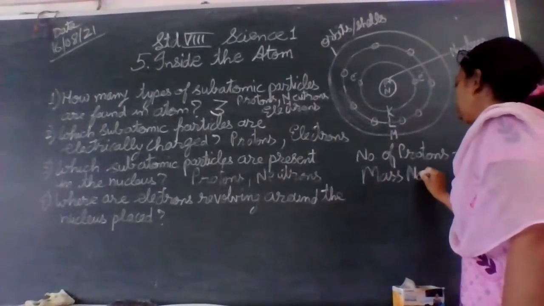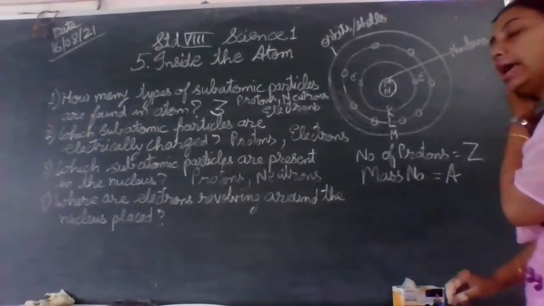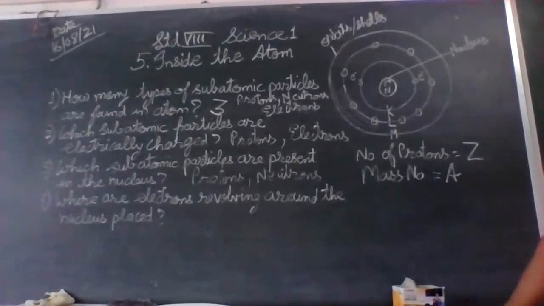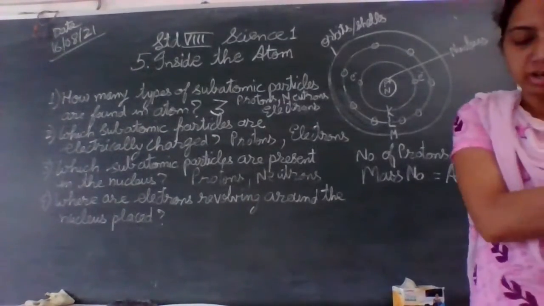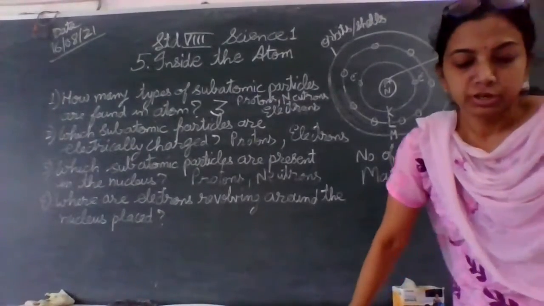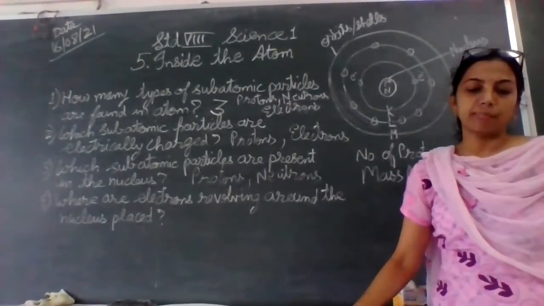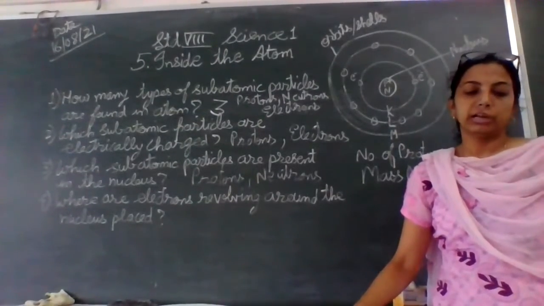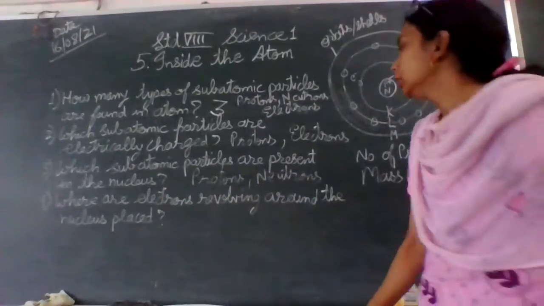The mass number of an atom is denoted by the symbol A, and the number of protons inside the nucleus is denoted by the symbol capital Z. The convention to denote the atomic symbol, atomic number and mass number together is written in the following pattern.